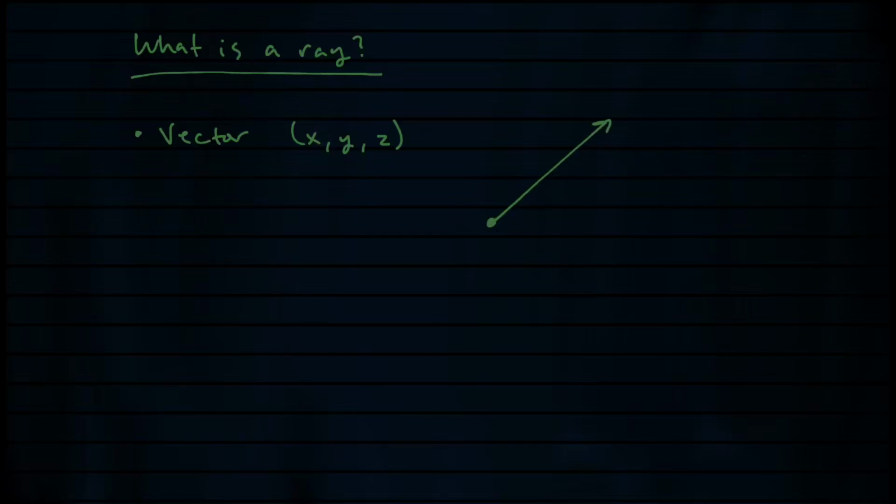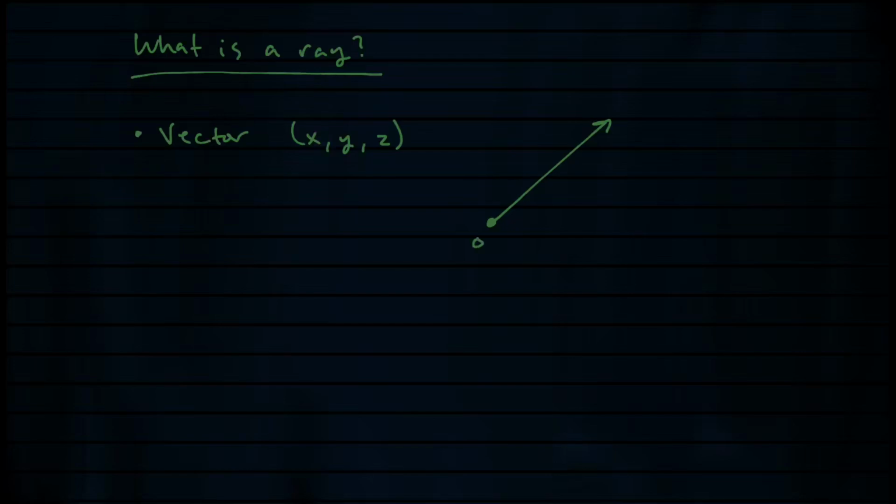So, what is a ray? Well, we know that a vector represents three numbers, x, y, and z. A ray, essentially, we are interested in a starting point, and it has a direction associated with it.